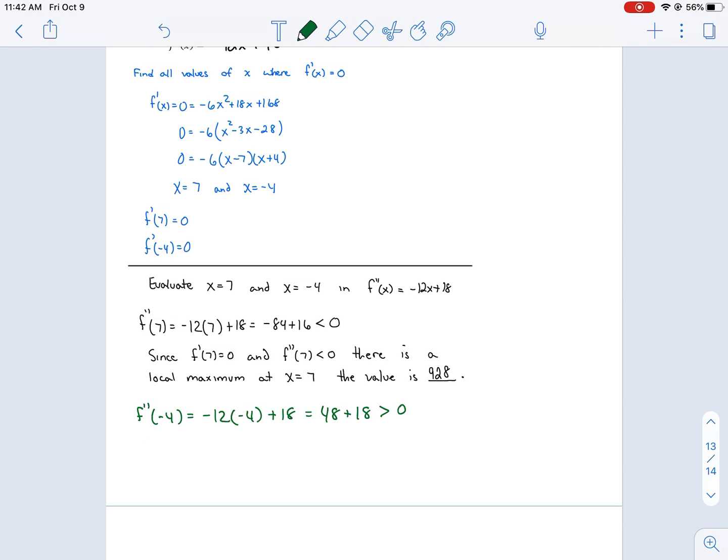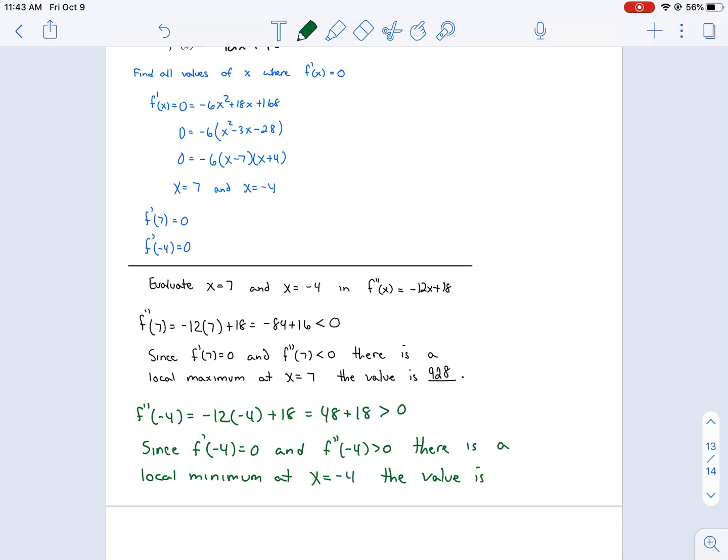That's clearly greater than 0. So since the first derivative at -4 is equal to 0, and the second derivative at -4 is greater than 0, there is a local minimum at x is equal to -4.